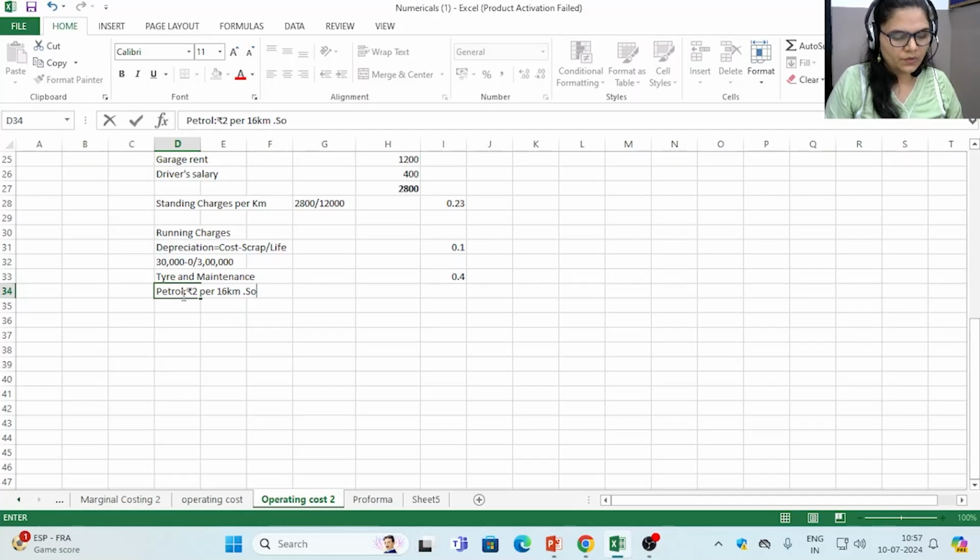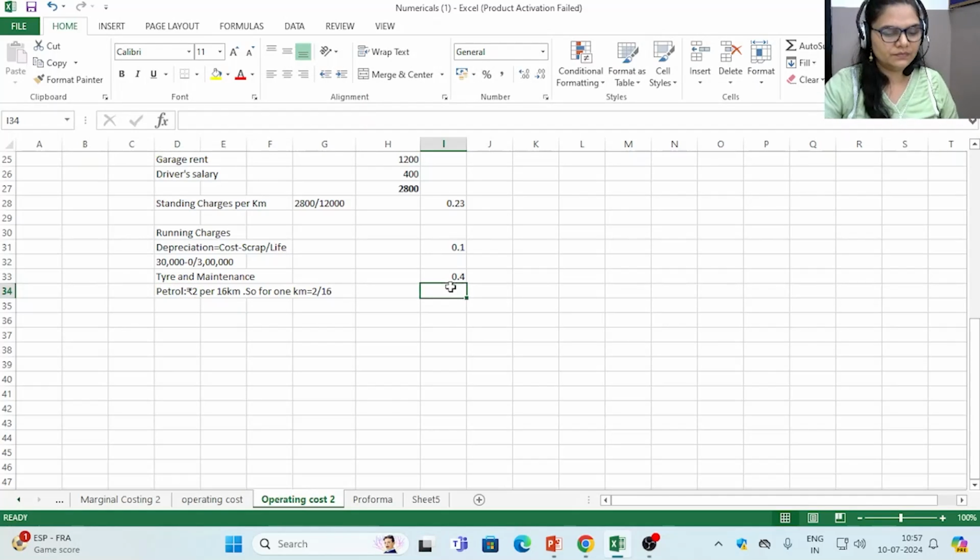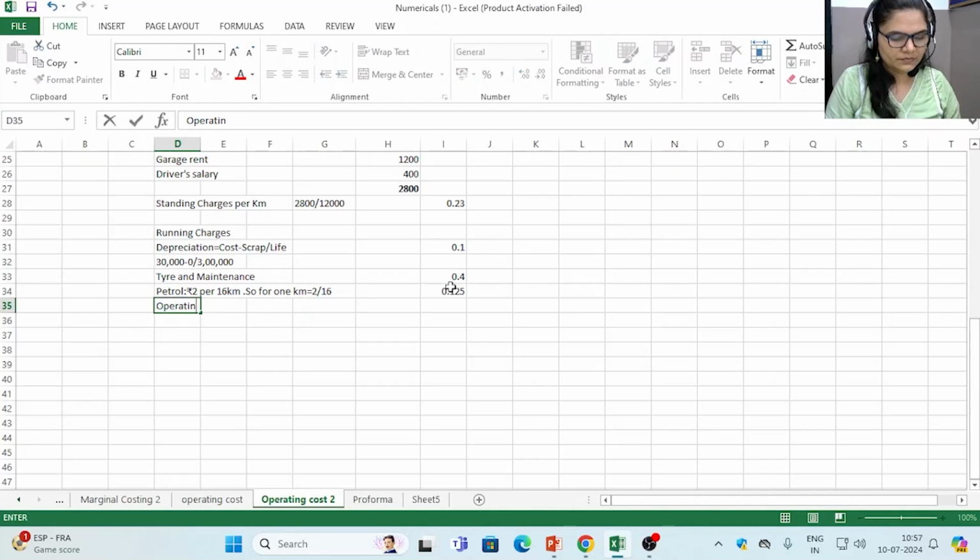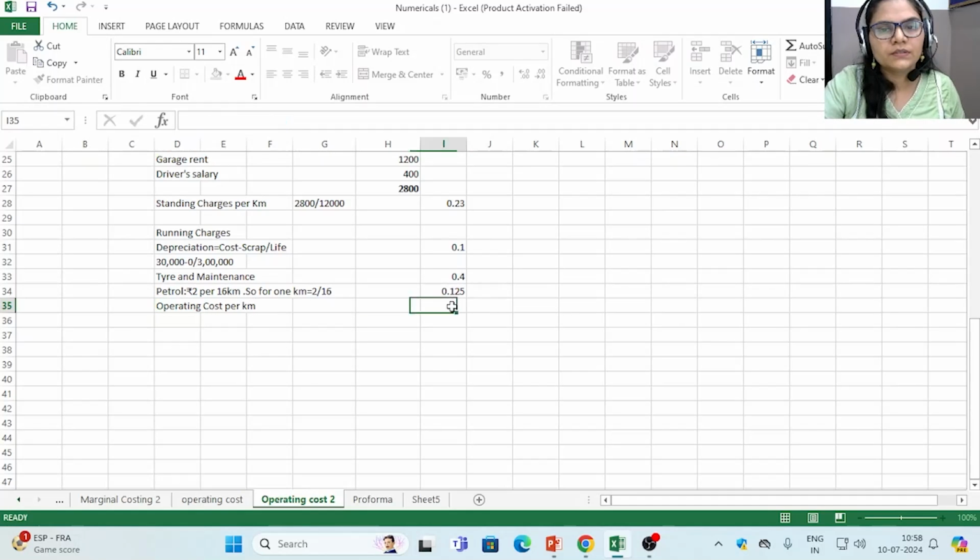So for 1 kilometer it is equal to 2 divided by 16, so it will be 0.125. So this is operating cost per kilometer. We will get a total of 0.855.